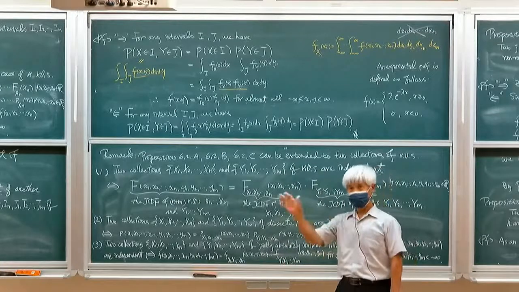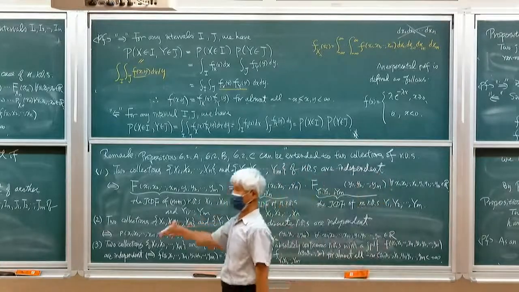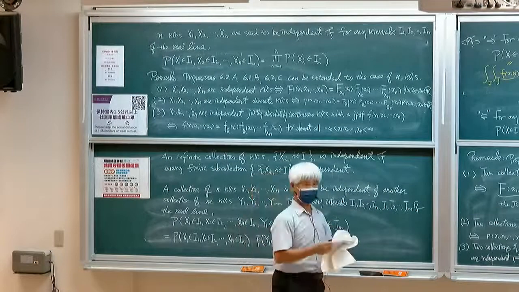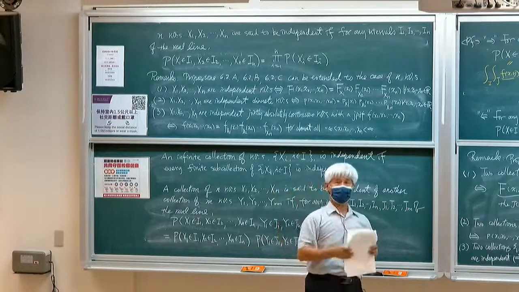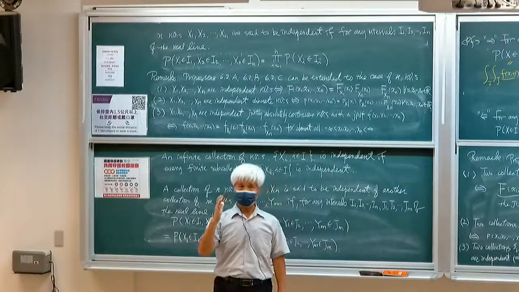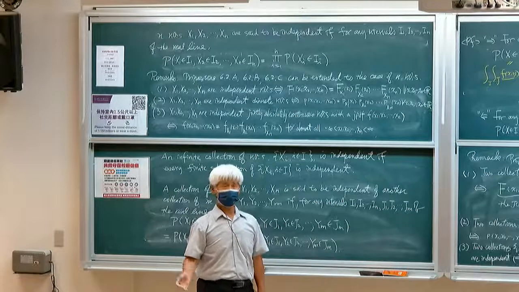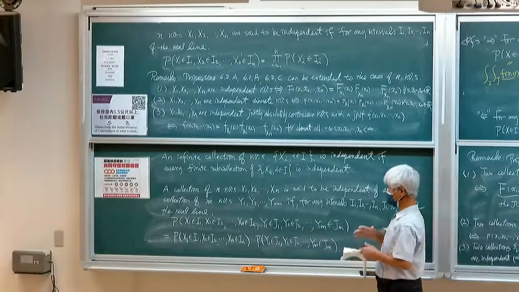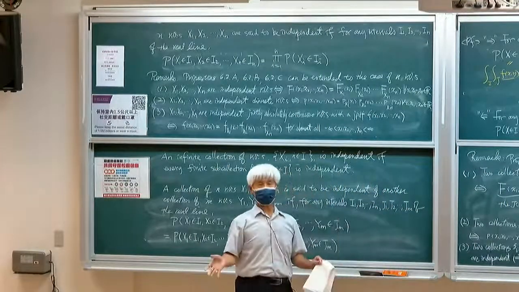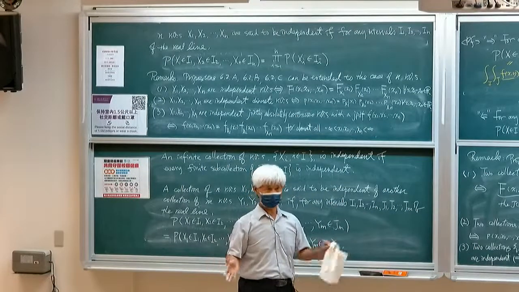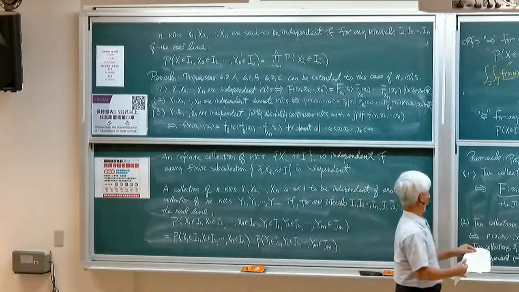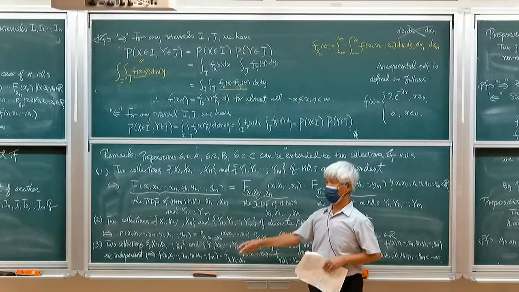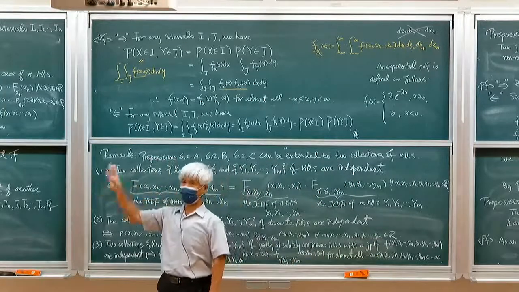So the idea can be copied, even though we just developed the theory for two random variables. Everything can be extended to a finite number of random variables being independent, or an infinite collection of random variables being independent, or two collections of random variables being independent of each other. So we have the tools to identify which are independent of each other.